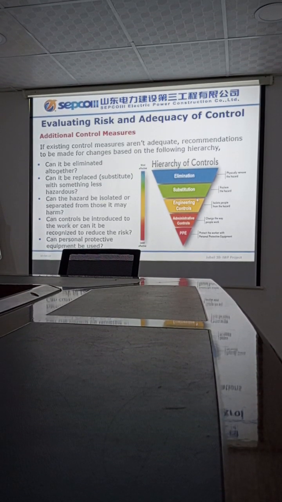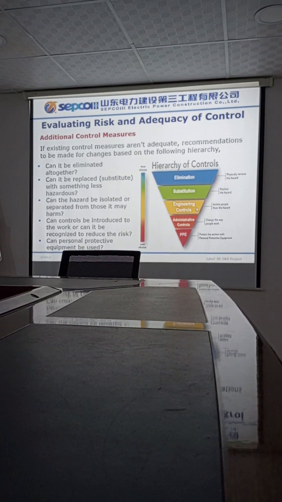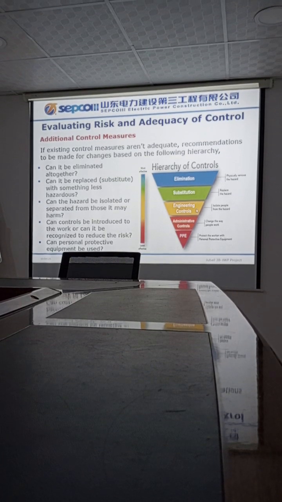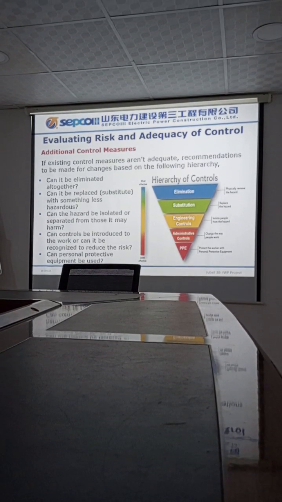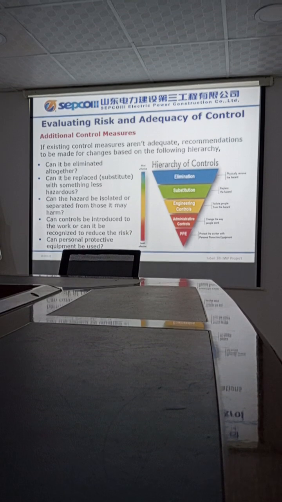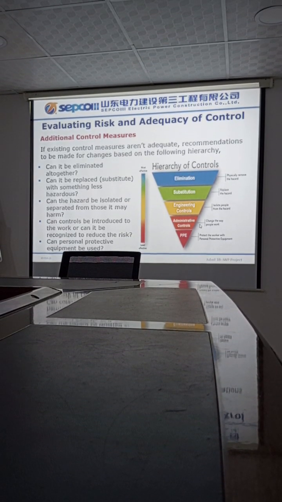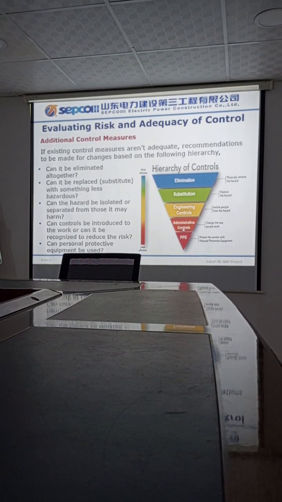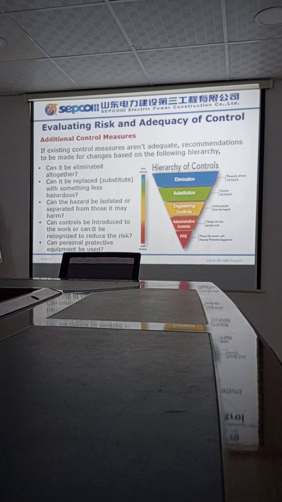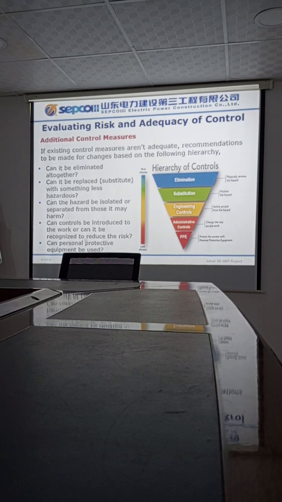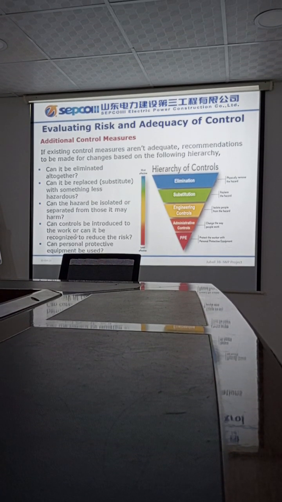Engineering control, isolate people from the hazard, okay, distance. Okay, so we distance, not direct to the load. Administrative, so this is the one: can controls be introduced to the work or can it be reorganized? Yeah, because we know that this one can be formed.